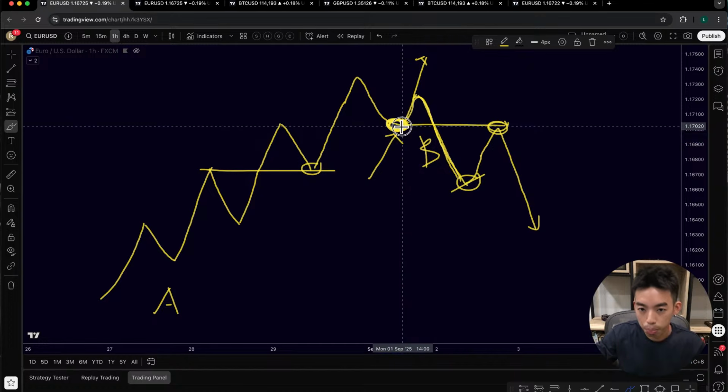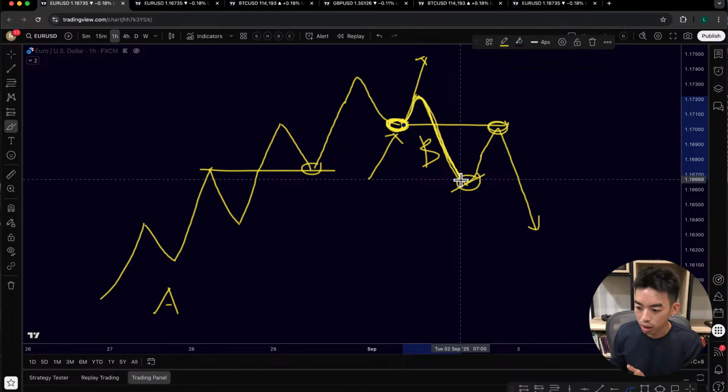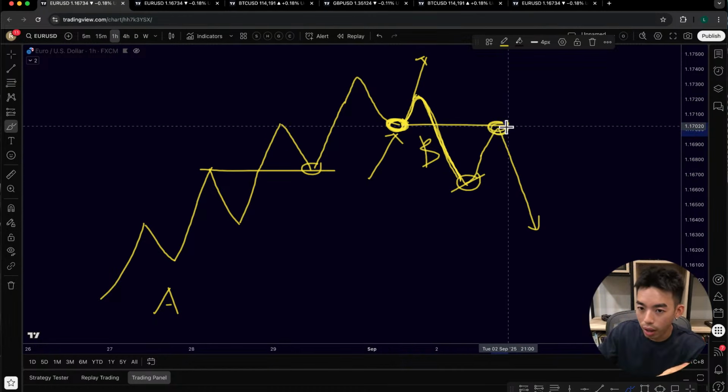Let's say you took the buy and things turned around, you are in drawdown, basically, right? Your trade is in the red, you don't want to get out. What's the next best option? The next best option would be waiting for price to come back into the same area right around there.